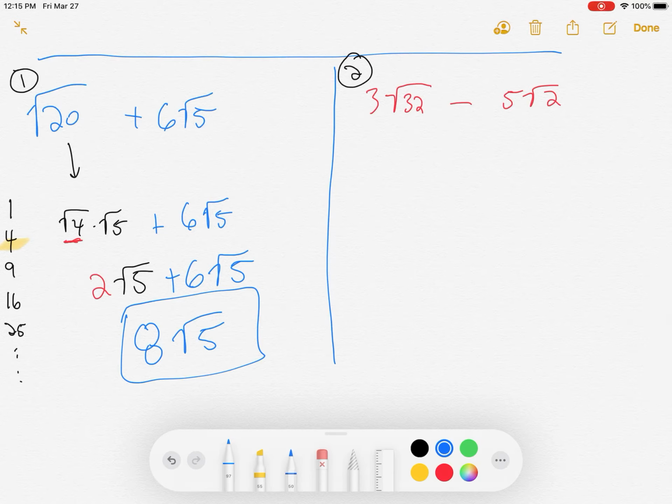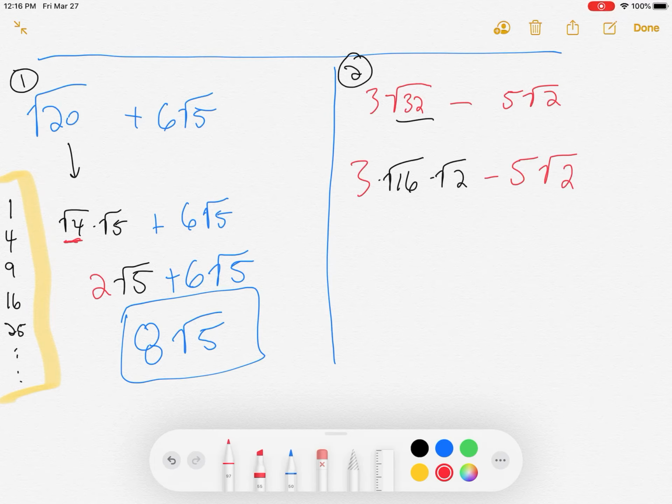Okay, number 2, this one's just a little bit more difficult, but it's still not that bad. So I'm going to use these numbers again off to the side to see if I can reduce either radical. So you should look at the square root of 32 and say, oh, well, I know I can reduce the square root of 32 to 3 times the square root of 16 times the square root of 2, and then this just drops down, minus 5 square roots of 2.